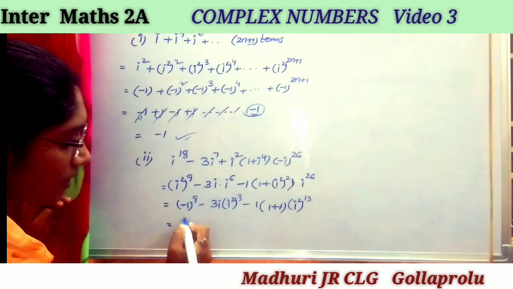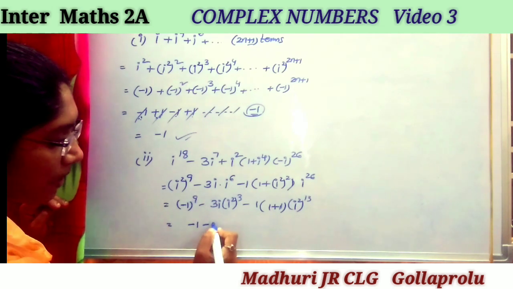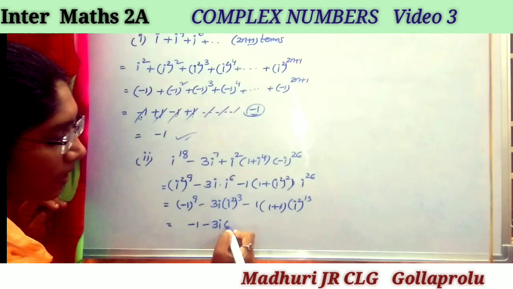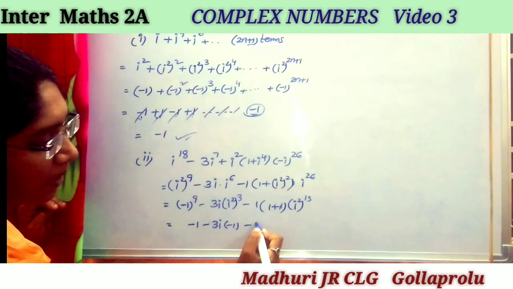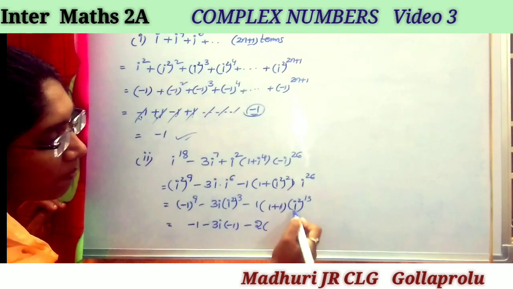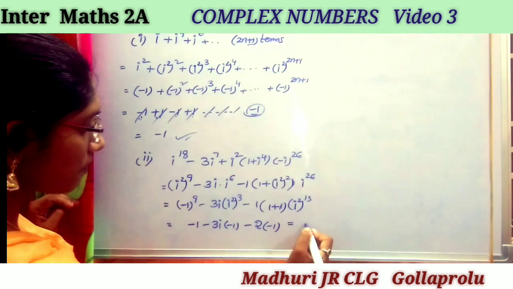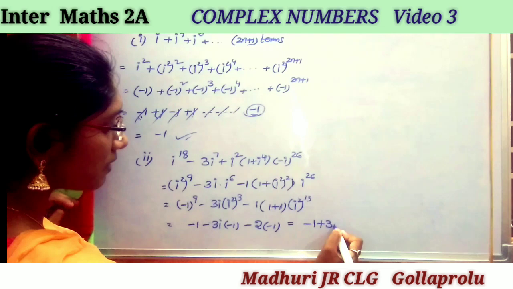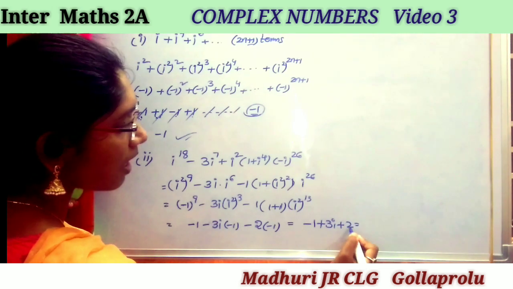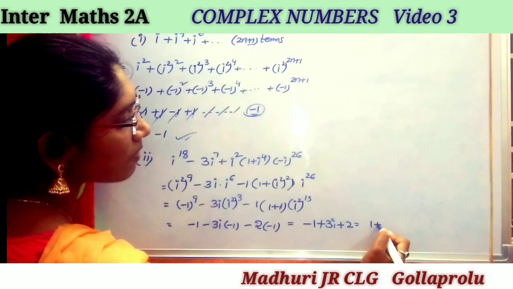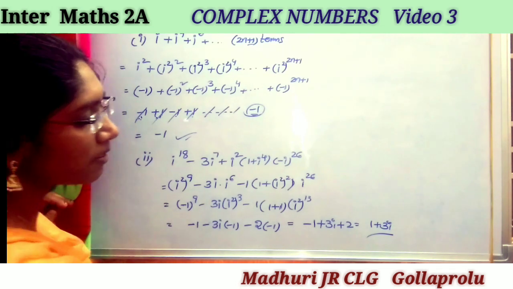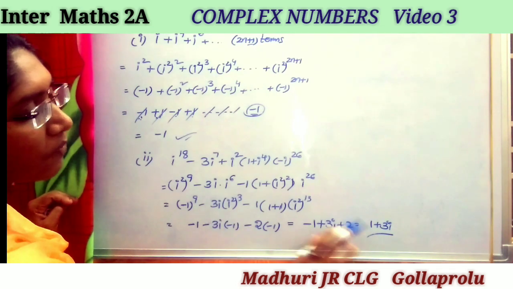So minus 1 power 9 is minus 1, minus 3i into minus 1 whole cube is minus 1, minus 2 into minus 1 whole power 13 is minus 1. So this is equal to minus 1 plus 3i plus 2. Therefore the answer is 2 minus 1, which is 1, so 1 plus 3i. That's all. This is the simplification of the given question.